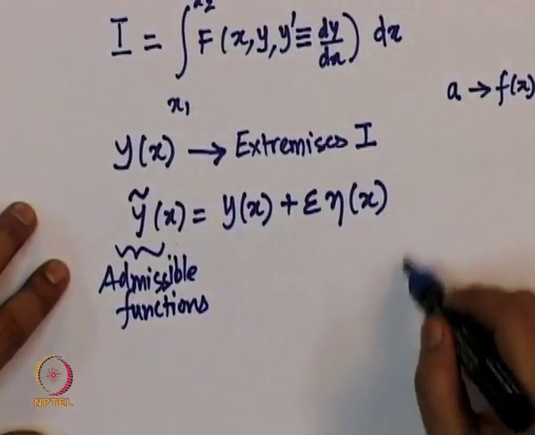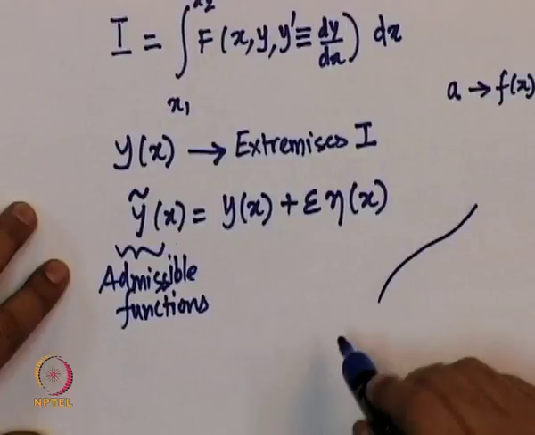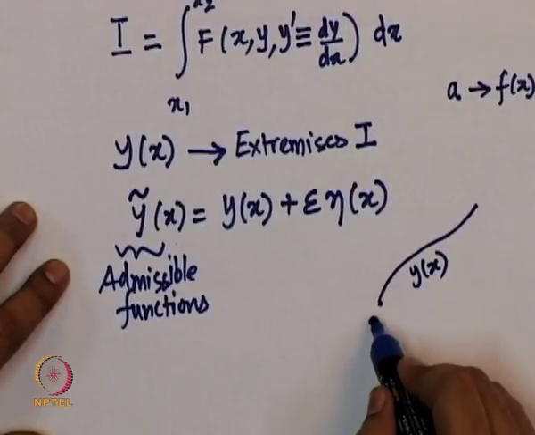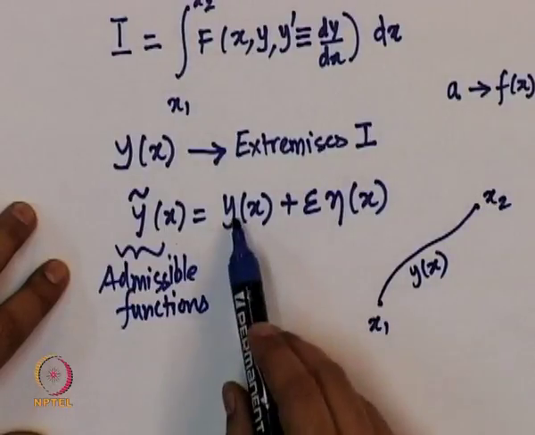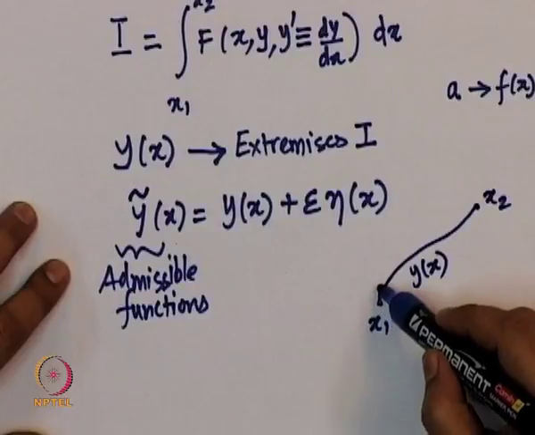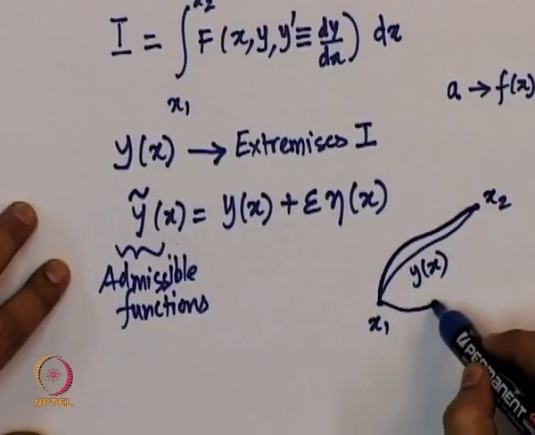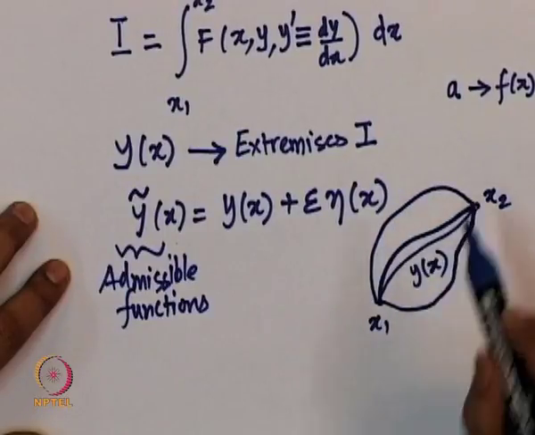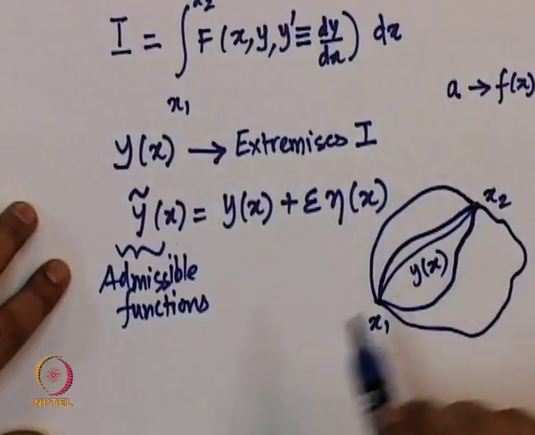So, what is it that we are saying? Suppose I am in the x y space, then y of x is a curve like that. So, this is y of x, and this is point x1 and this is point x2. By this I am choosing different functions, like this.